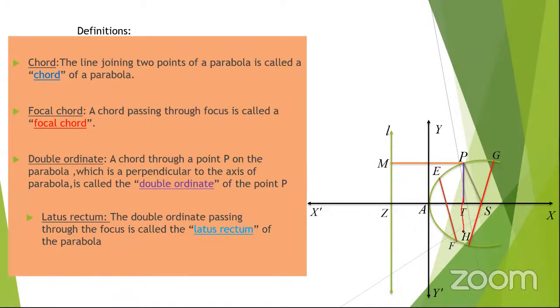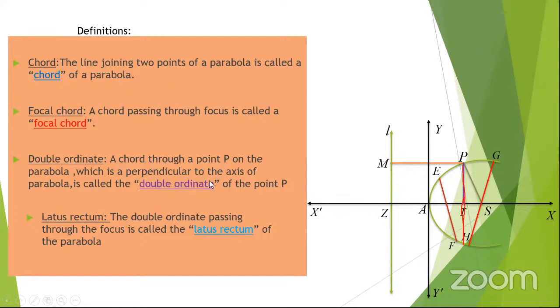It comes down, isn't it? First, it should be a chord. All these are chords, children. See, this is a simple chord, the first definition. Focal chord is also a chord. Double ordinate is also a chord. Latus rectum is also a chord. What is the difference? A chord is only a join of 2 points, like EF. A focal chord is a chord which passes through the focus.